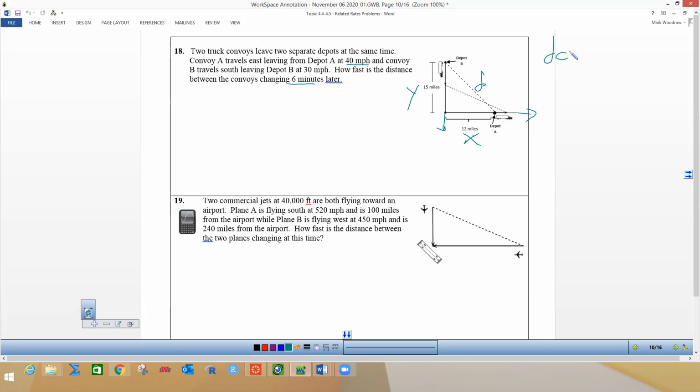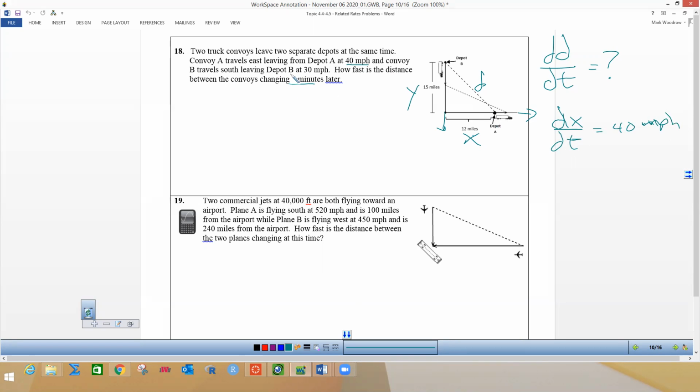So the change in D over the change in time is what we want to know. Now, what else do we know? Well, what's dx dt? Does anybody know what dx dt is going to be? The rate this guy's moving? 40 miles per hour. So this is 40 miles per hour.